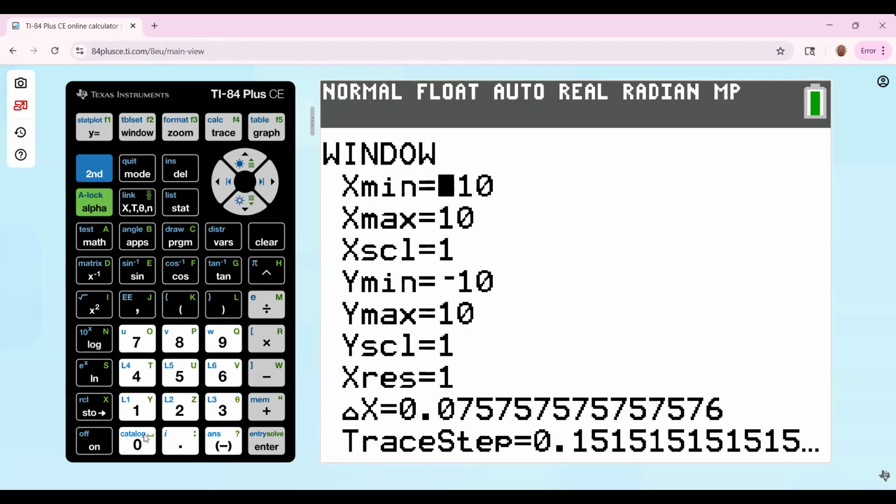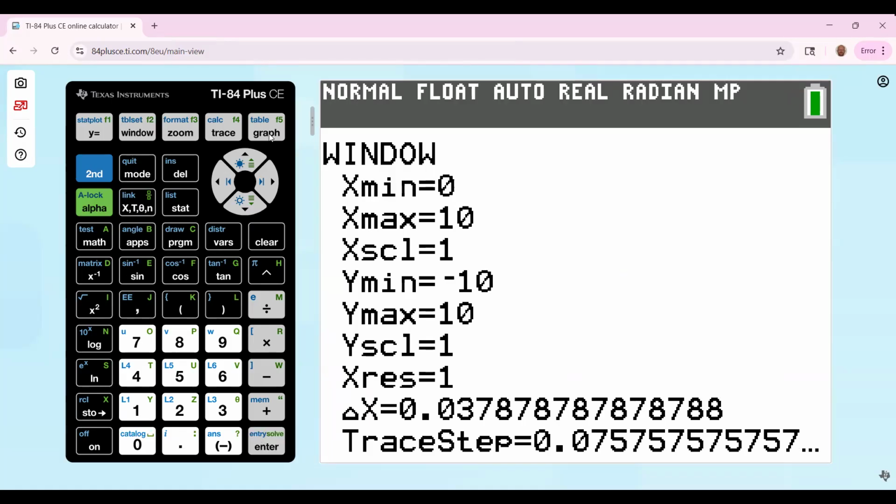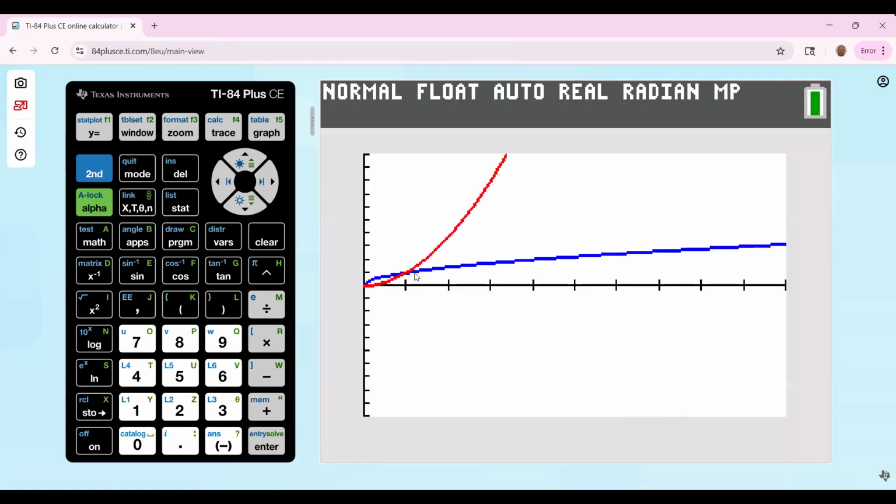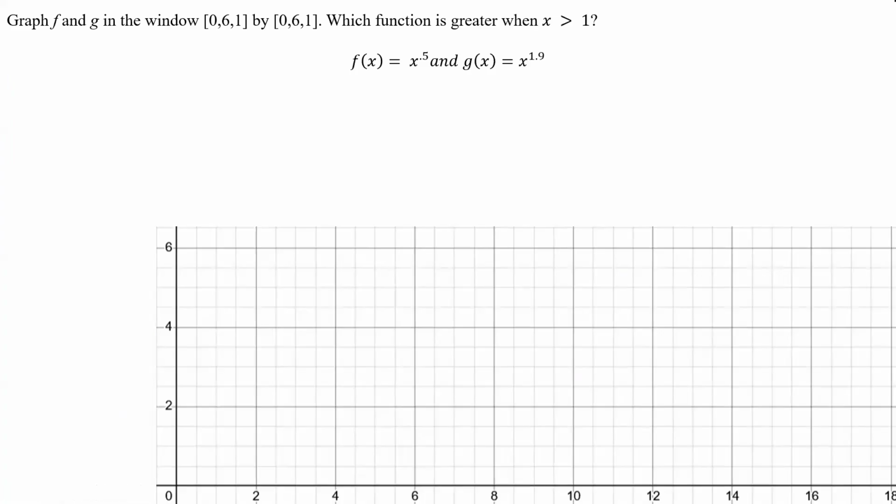Let's start over here. Let's go to 0, and what does it look like? So that looks like that. The red one is our 1.9, our blue one is our 0.5. As good as I can draw, that's about as good as I can do here. So I'm just going to put in what the 0.5 is, and I'm going to put into that the 1.9.